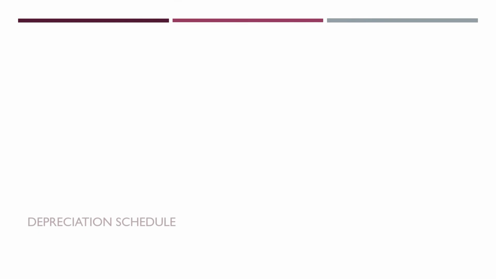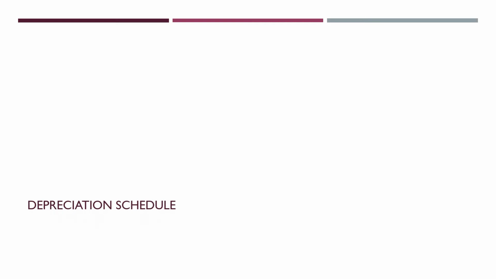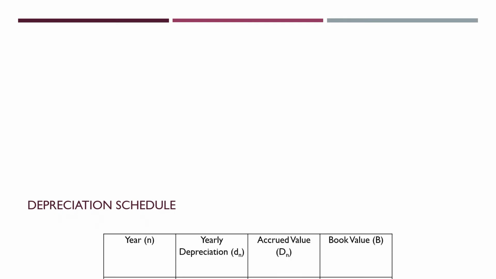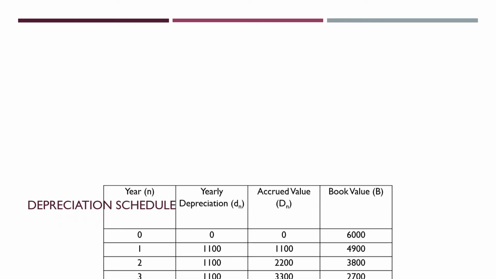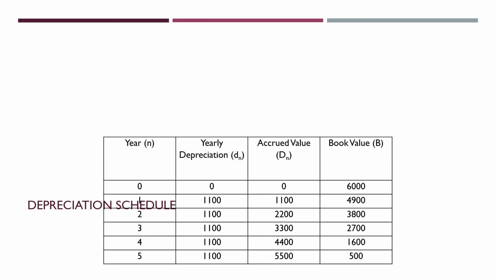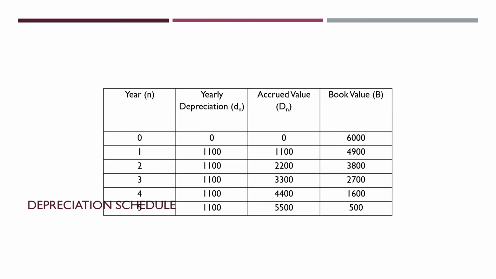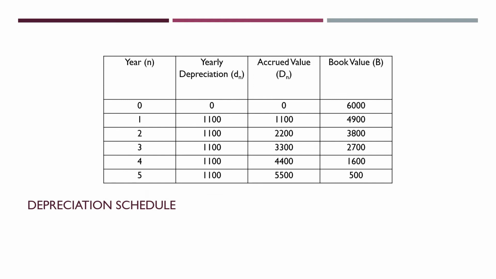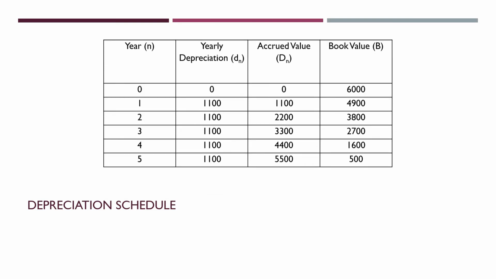When it was bought, the original cost is 6,000 pesos. On the first year, it depreciated 1,100. So the accrued value is 1,100. Hence, the book value now is 6,000 minus 1,100, which is 4,900. Similarly, on the second year, it depreciated 1,100.